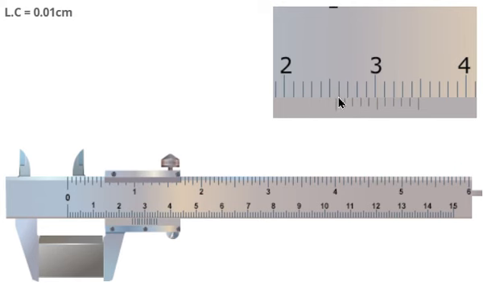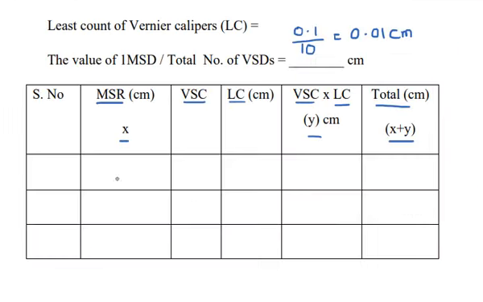So the main scale reading should be read like this. It is between 2.5 and 2.6. The lower value, 2.5, should be taken as MSR. So 2.5 centimeters is the main scale reading.